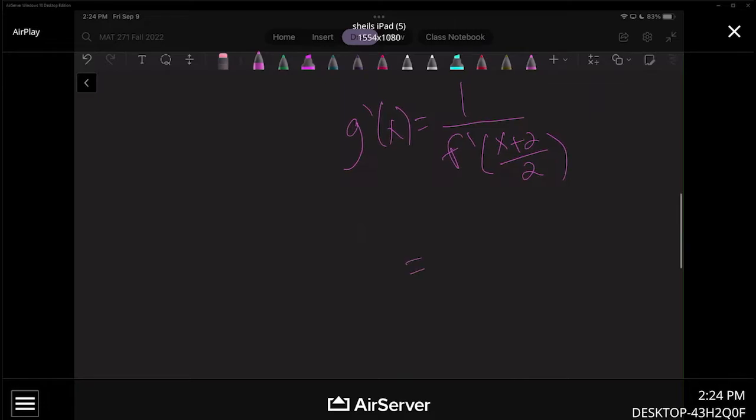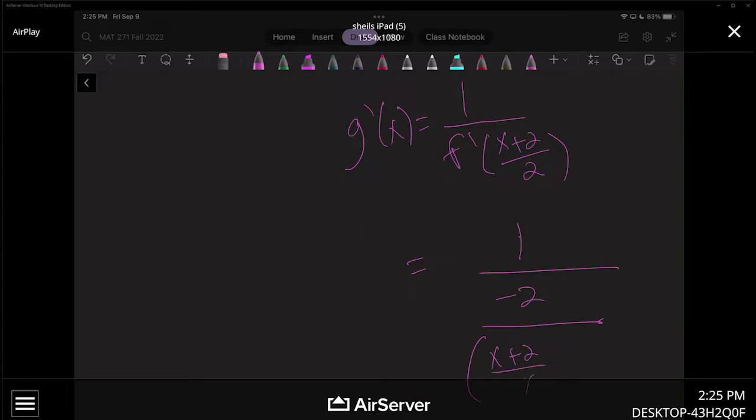This is equal to, let's see, 1 over negative 2 all over x plus 2 over x minus 1 squared.